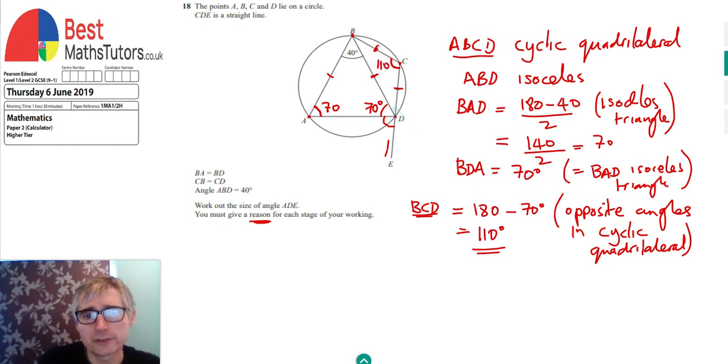That will now allow me to find these two angles, using the same isosceles triangle logic that we used before.